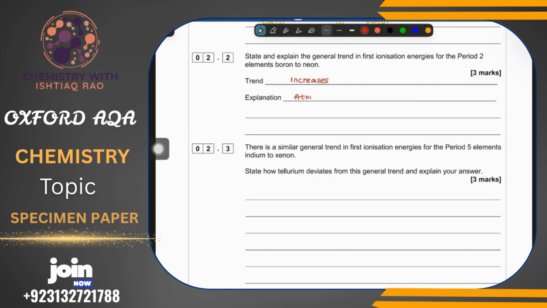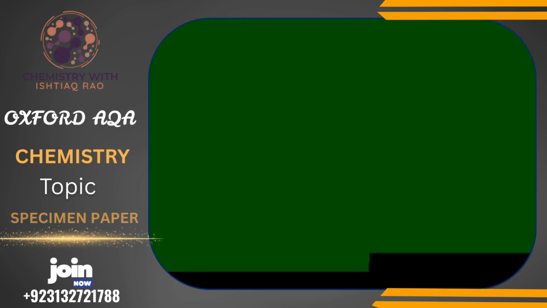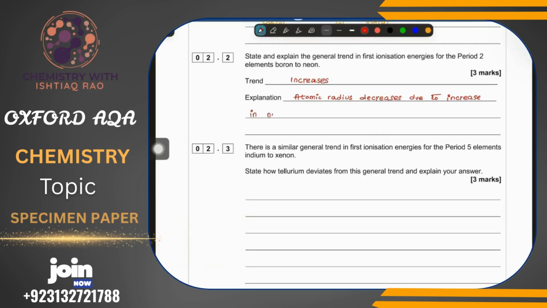Atomic radius decreases due to electron attraction between the nucleus and electron, increase in nuclear charge.